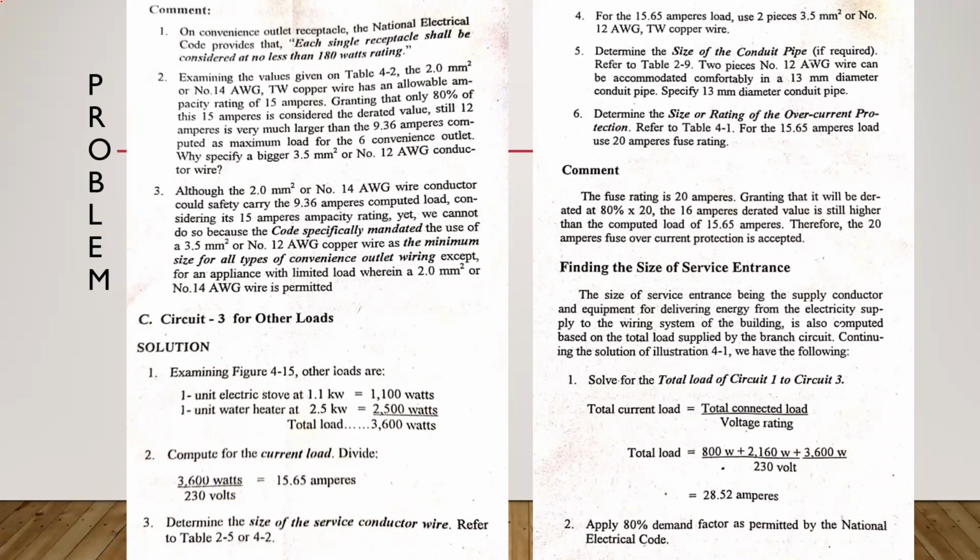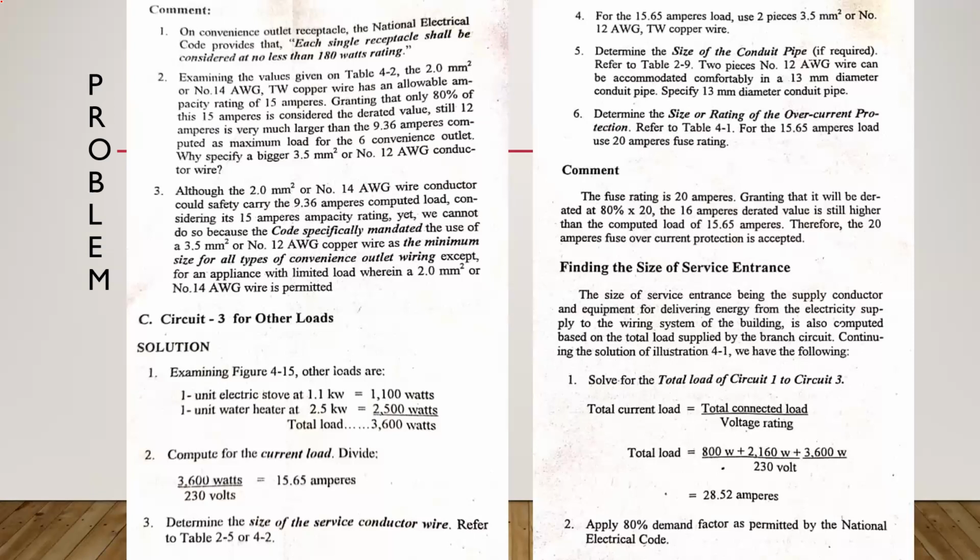Although 2.0 or number 14 conductor wire could safely carry the 9.36 computed load, considering 15 amperes ampacity rating, yet we cannot do so because the code specifically mandated the use of 3.5 mm or number 12 copper wire as the minimum size for all types of convenience outlet wiring system. Yan na yung minimum para sa ating convenience outlet wiring.